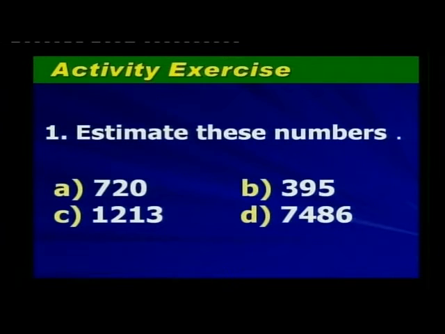C. Come on, you others. C. Let's have Victoria. One thousand. Okay, why did you say it's 1,000?